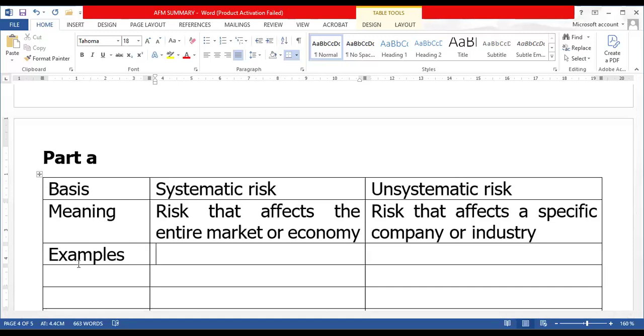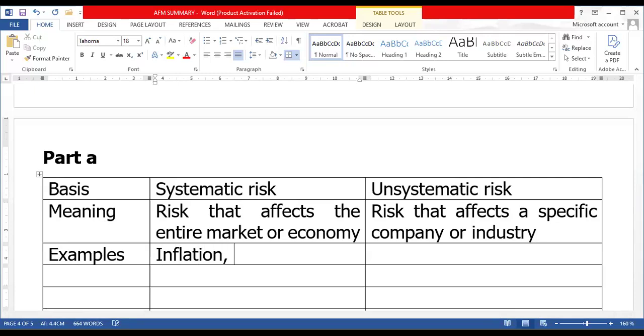Inflation does not affect a specific industry; it actually affects the entire market. If there is a general increase in the prices of goods or commodities, everyone will be affected.